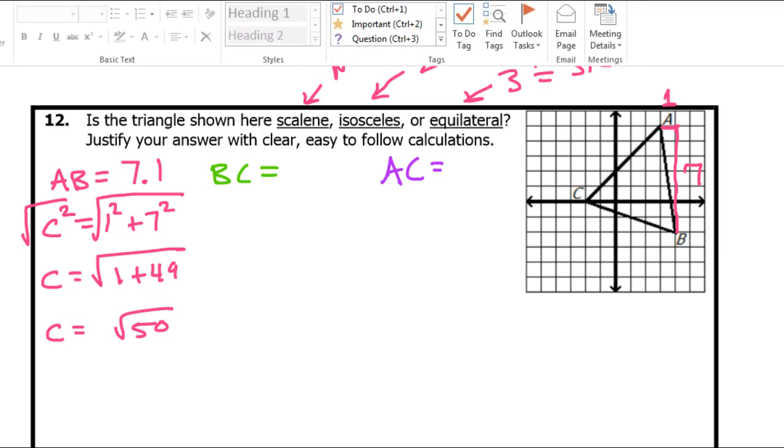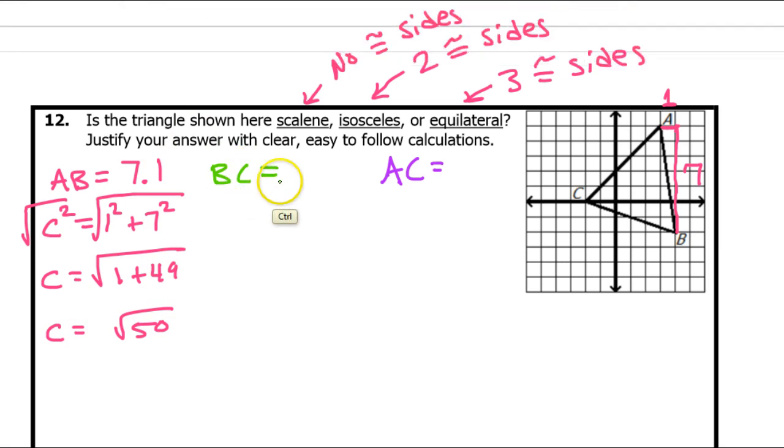So let's go ahead and do the same thing for BC. Again, I'm going to draw myself a right triangle that has BC as the hypotenuse. So the vertical portion is 2. The horizontal side is 6. So here again, c squared is equal to a squared plus b squared.